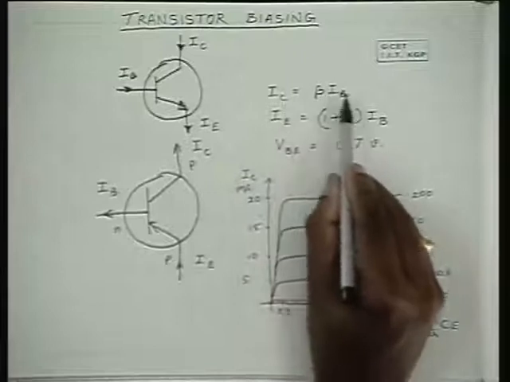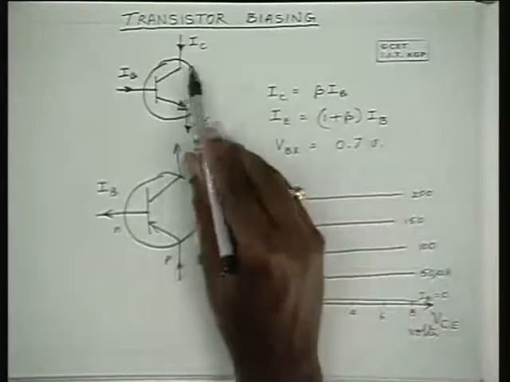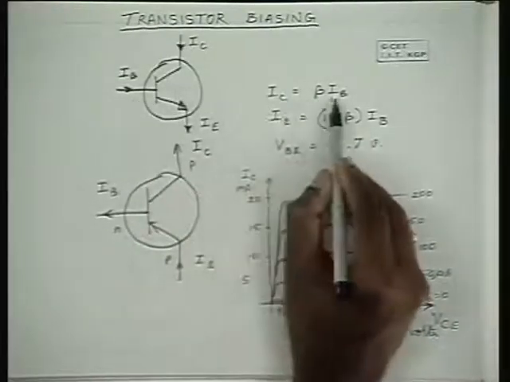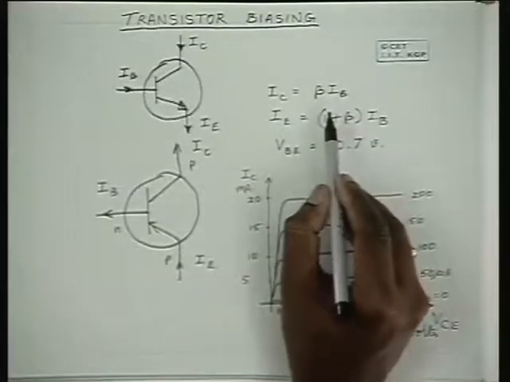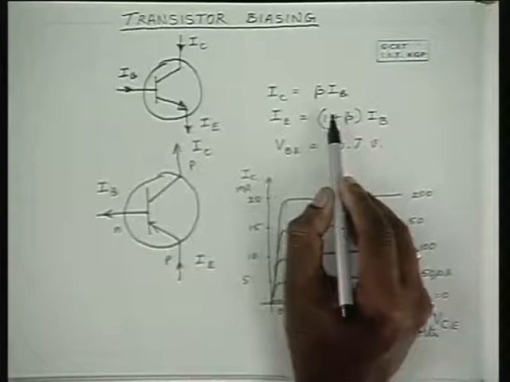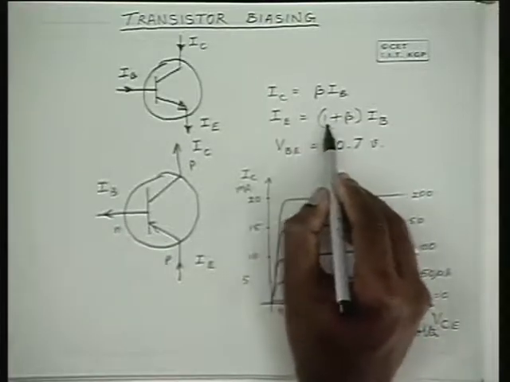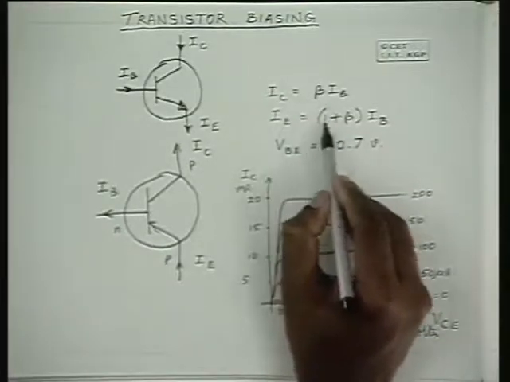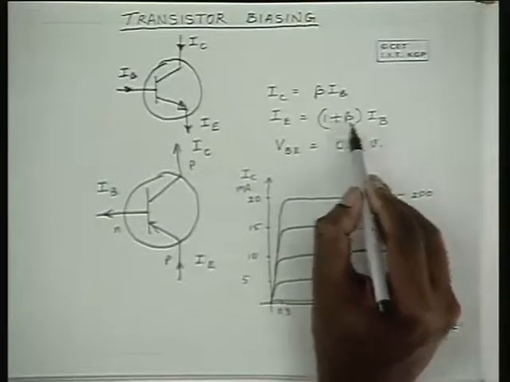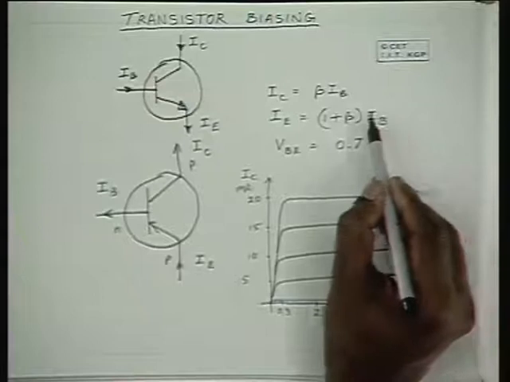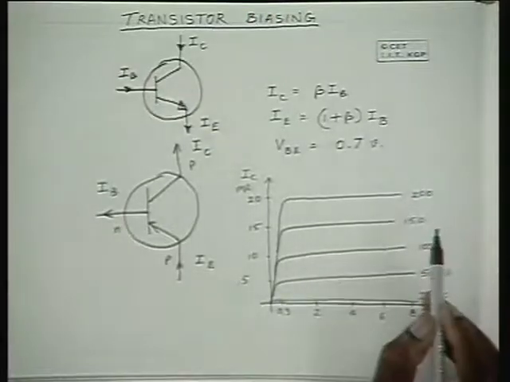So the current relationships are like this. The collector current is approximately beta times IB, which has already been discussed in the earlier chapters. And the emitter current is IC plus IB, which is IB plus beta IB, equal to 1 plus beta times IB.